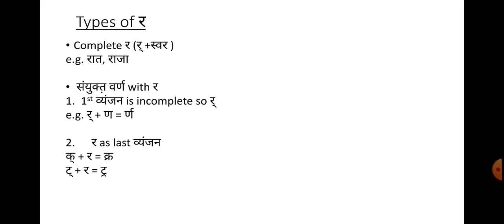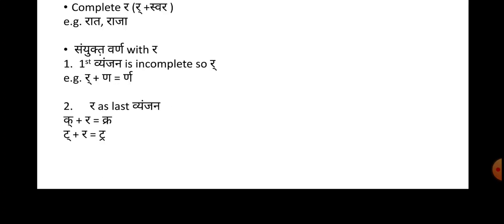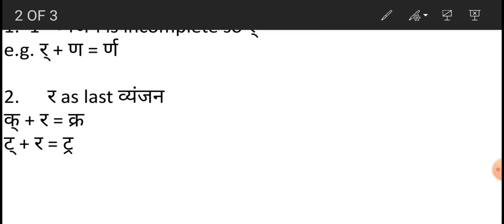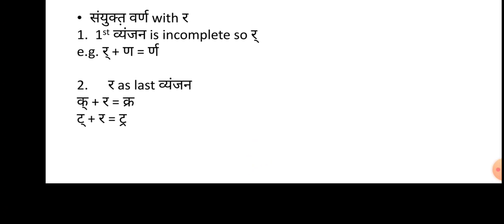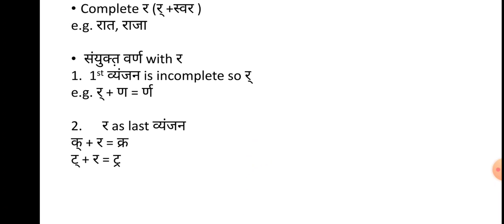But in t there is no standing line, so we write two small slant lines like an arrowhead. You observe the arrowhead here in tr. Right? So this is another way of writing Sanyukta Varna with r when r is last Vyanjan.